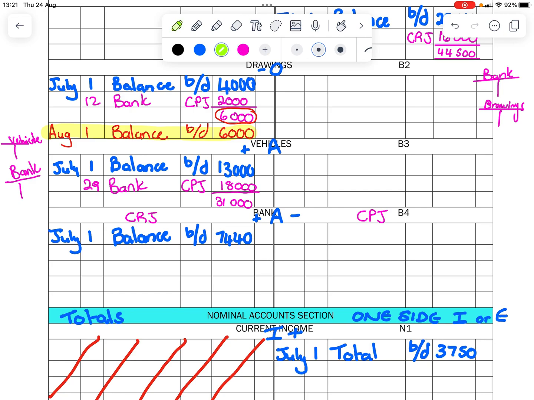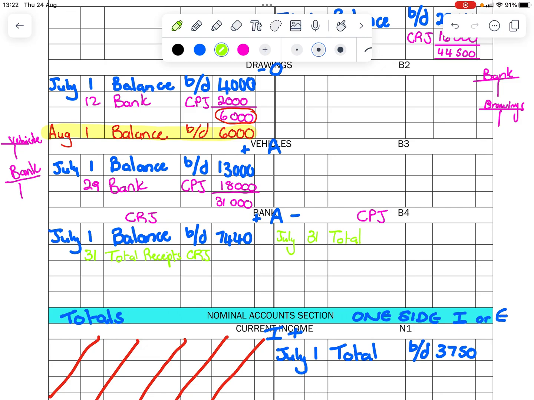Now, what we need to do is go look at the total of the bank balance in the CRJ. Bank has its own column, so we can use the last day of the month. I wrote up there earlier that our bank in the CRJ is now our total receipts, which is our contra account. From the CRJ, we then have on July, remember it's the last day of the month, bank has its own column in the CPJ.